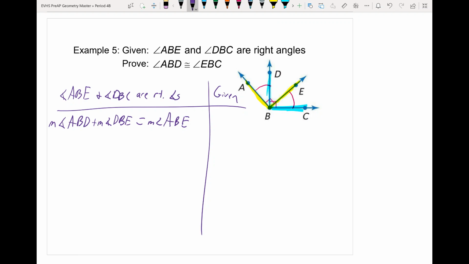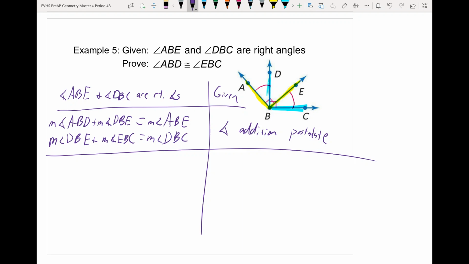I'm also going to do the one I highlighted in blue. The measure of angle DBE plus the measure of angle EBC is equal to the measure of angle DBC. That is based on my angle addition postulate.